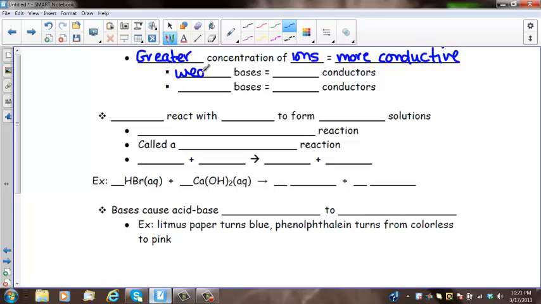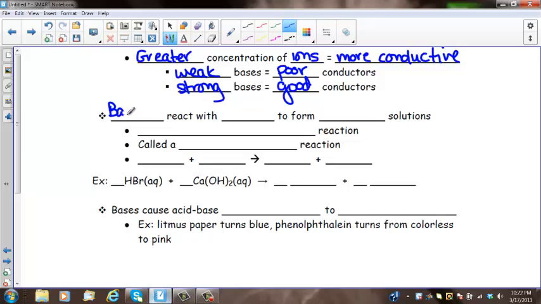Weak bases are poor conductors, and strong bases are good conductors. And this is for the same reason, because weak bases minimally ionize, less than 5% in water, therefore there really aren't any charged ions, which is what you need to have the ability to conduct an electric current. Strong bases ionize 100%.